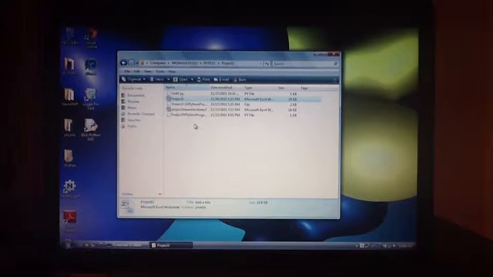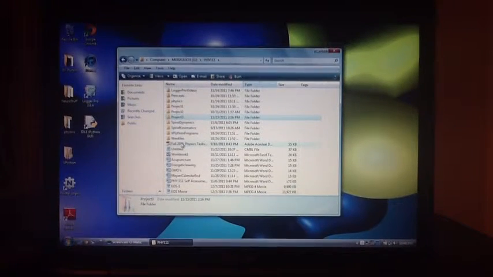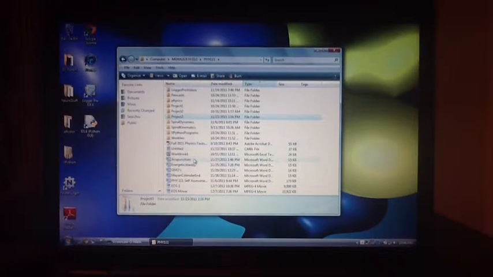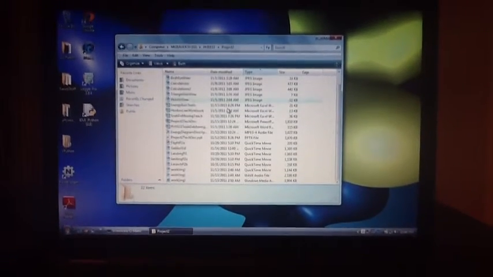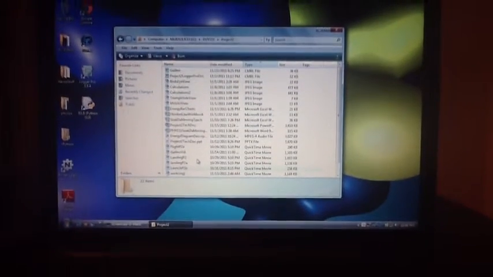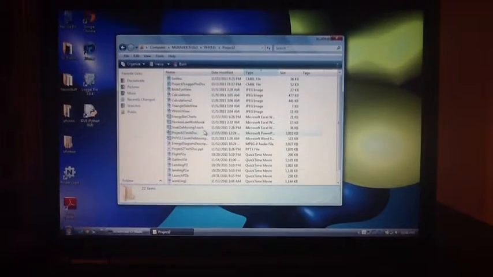So let's see what else we have here. Some other things that I thought were pretty cool, let's see, so for Project 2, this is all of the work we've done for Project 2. A lot of this is actually the Galileo stuff that's thrown in there.